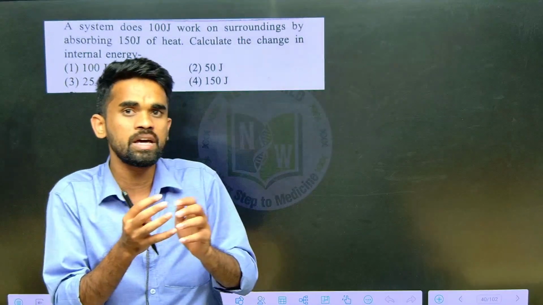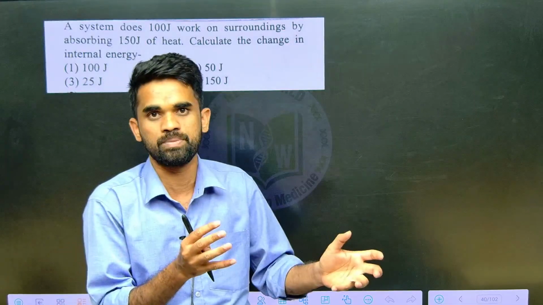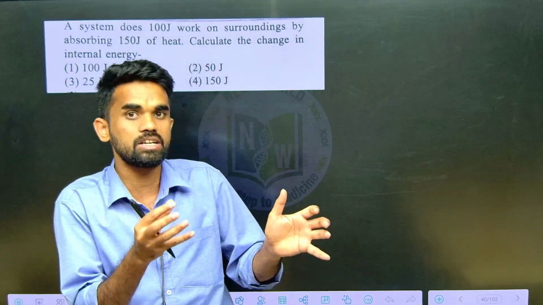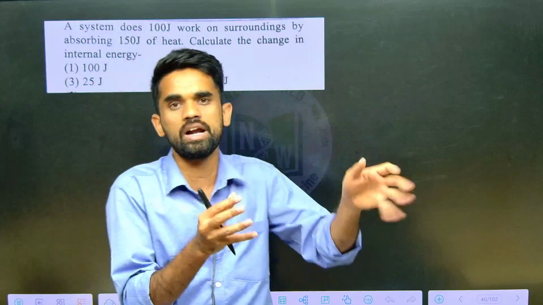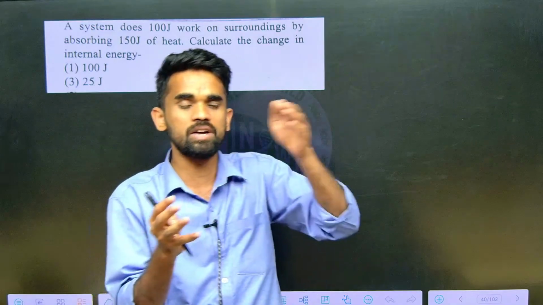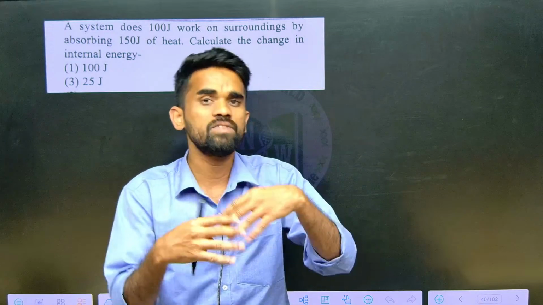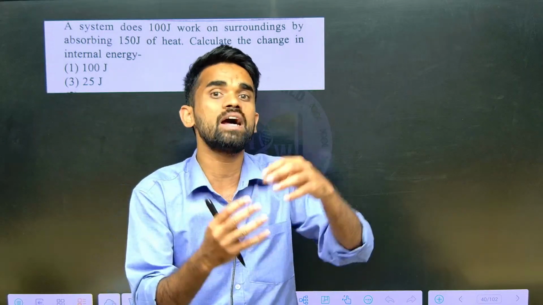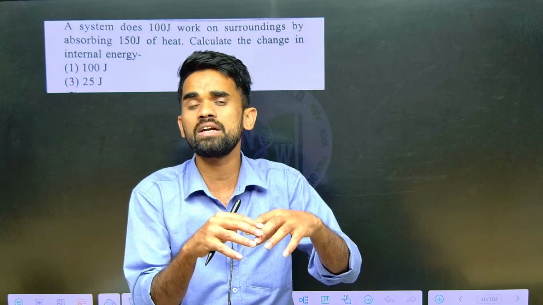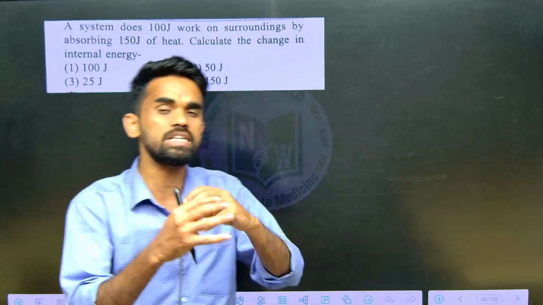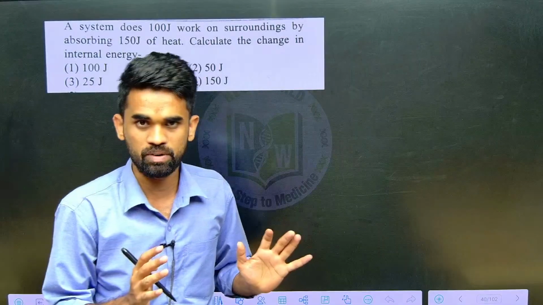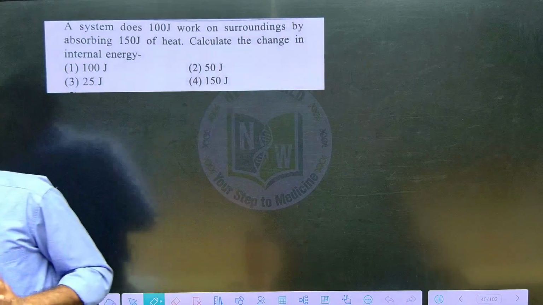It means you cannot create energy newly or destroy energy, but that energy can transform from one form to another. A mechanical energy can be converted into electrical energy or electrical into mechanical, like that we can convert energies, but we cannot destroy or create. We only transform from one form to another, that's it. This is what the first law says.